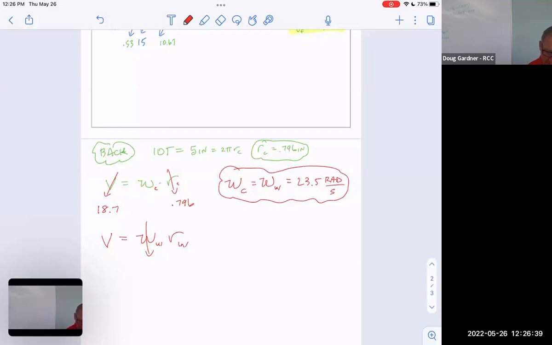The angular velocity does not change moving from cog to wheel, but the radius of the wheel changes because it's 13.75 inches. So if I multiply 23.5 times 13.75, I get approximately 323. So the velocity of the rear wheel is roughly 323.